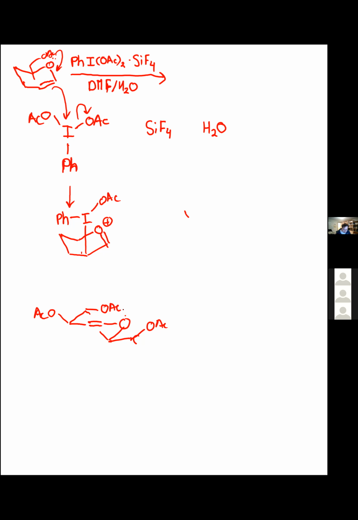Okay, so if we're thinking about where the orbitals are on this molecule, we have a double bond here, and we've got the lone pair in the oxygen directly adjacent to that.